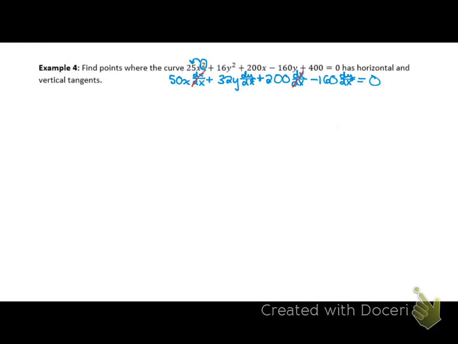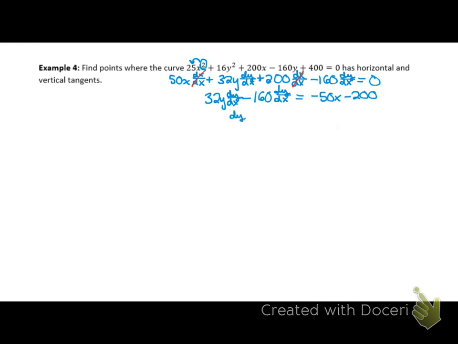To solve for dy/dx, I'm going to take 50x and 200 and move it to the other side. So I will be left with 32y dy/dx minus 160 dy/dx on the left, and that will equal negative 50x minus 200. Now, dy/dx is in both of the terms on the left side, so I can pull it out.